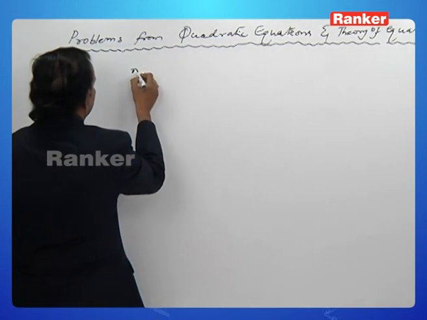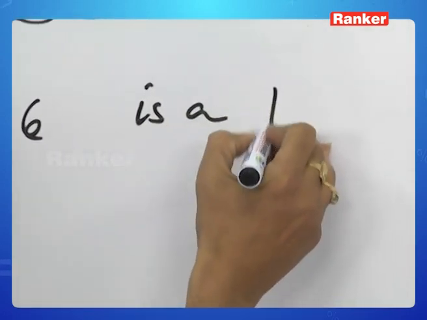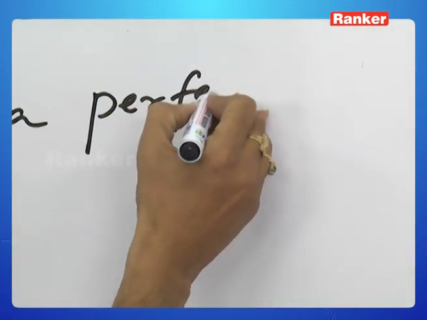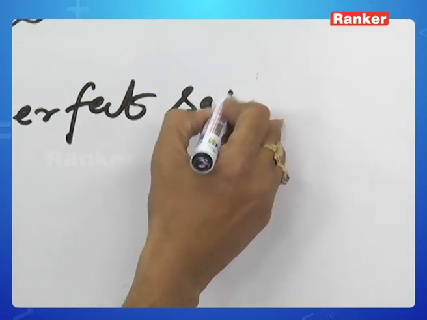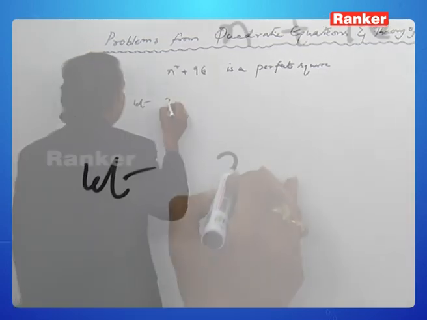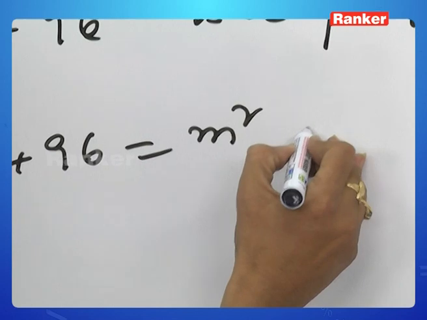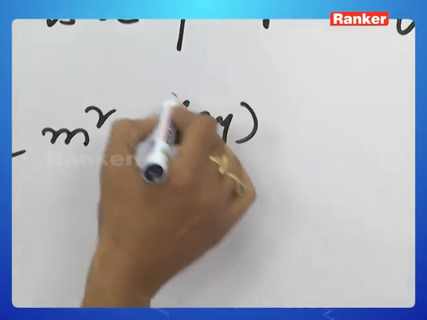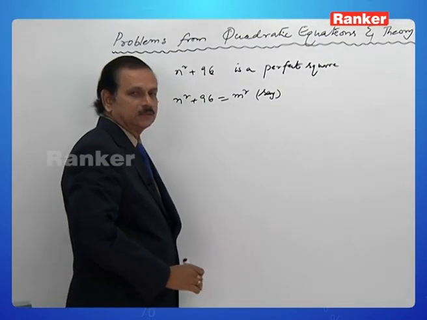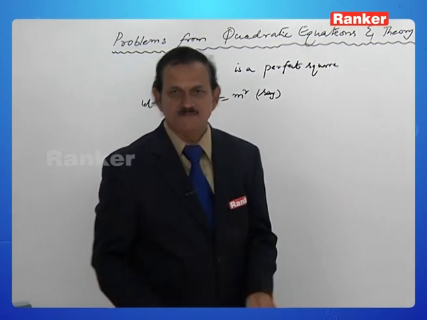We require n square plus 96 is a perfect square, isn't it? Let n square plus 96 is equal to m square. Say, as it is a perfect square, there is no sin in assuming this to be some m square.